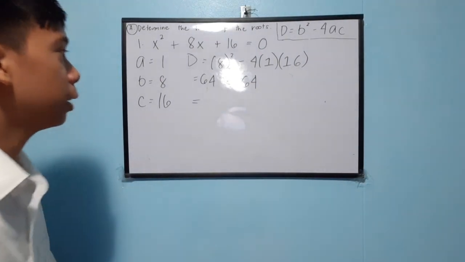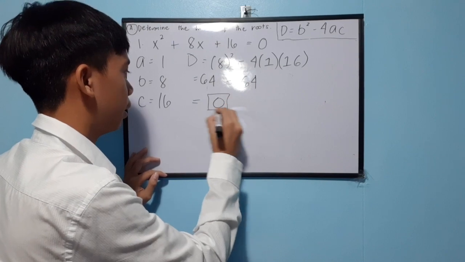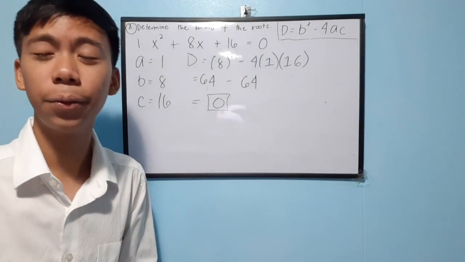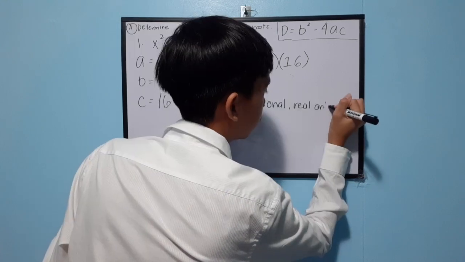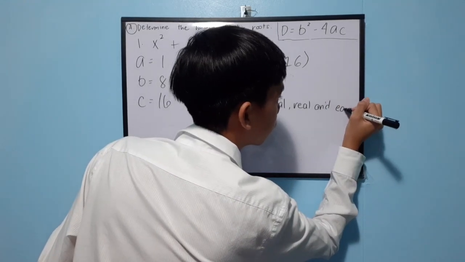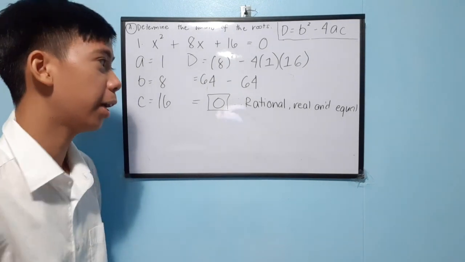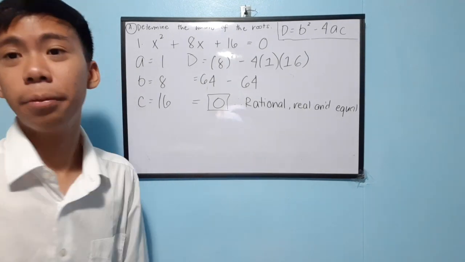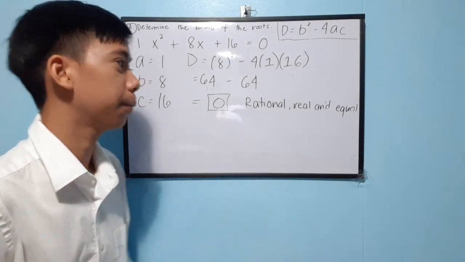Now, 64 minus 64 is 0. Now, let's determine the nature of the roots. Zero is rational because it is a perfect square, and real and equal because the discriminant is equal to 0.